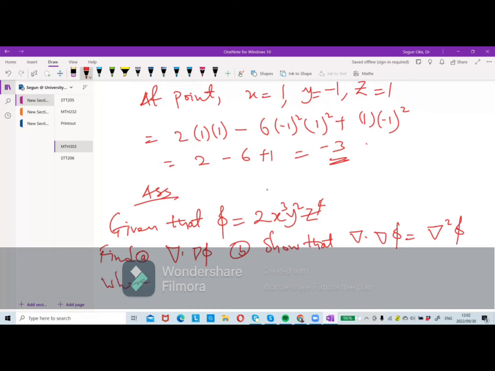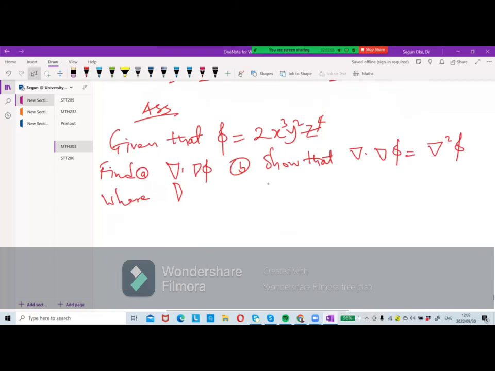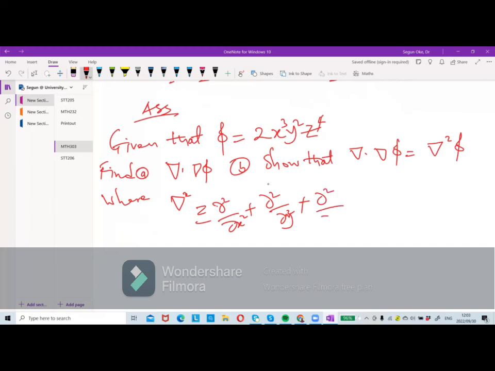where del squared phi, or where del squared is equivalent to the square, the x squared, plus the square, the y squared, plus the square, the z squared.